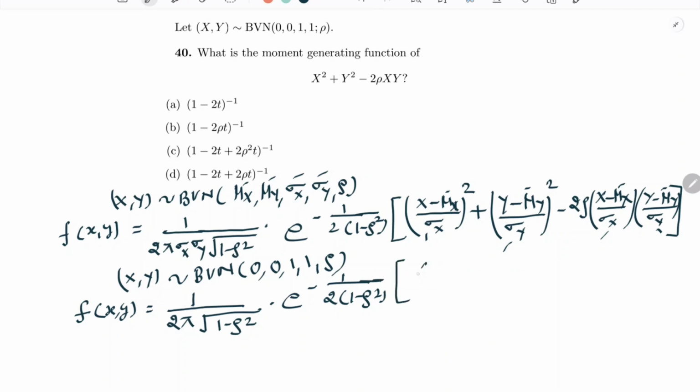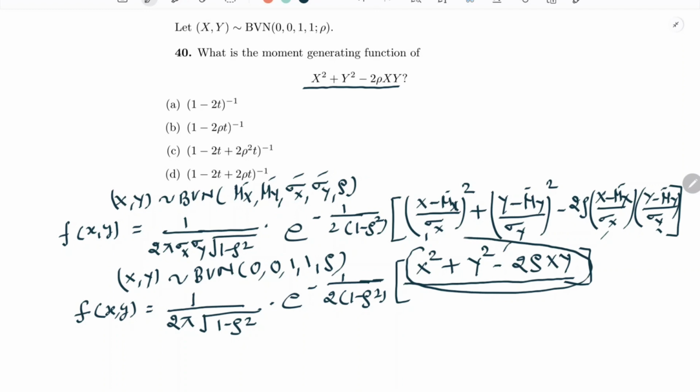Then this will be x square, then this will be y square, and this will be minus 2 rho xy. Now, if you focus on this exponent, this quantity and this quantity are the same. So we need to find the moment generating function of this exponent.